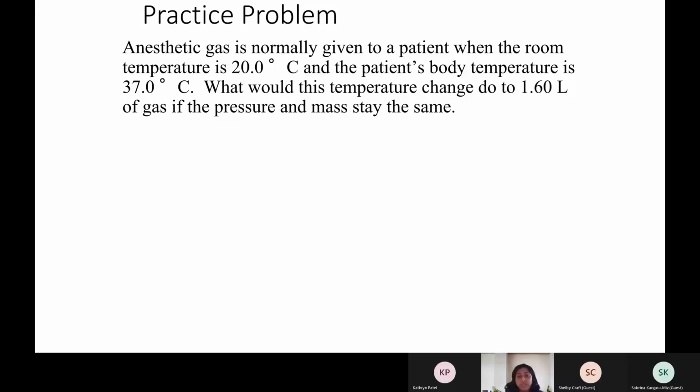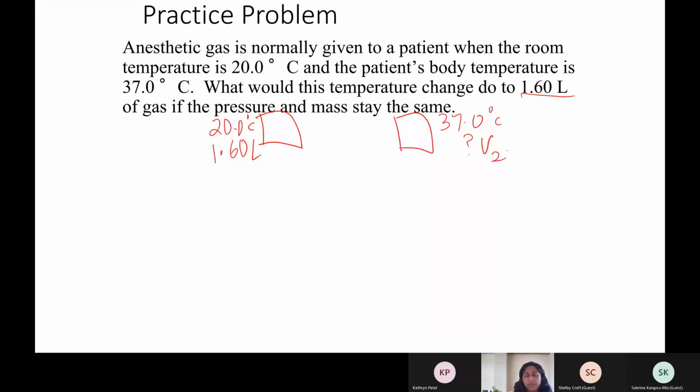Okay, so if you draw a picture, condition 1, condition 2, at 20 degrees Celsius the volume is 1.60, and at 37 degrees Celsius, what would be the new volume?